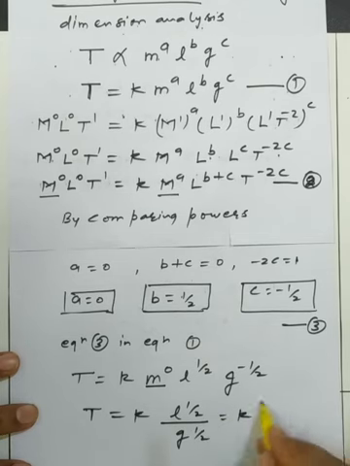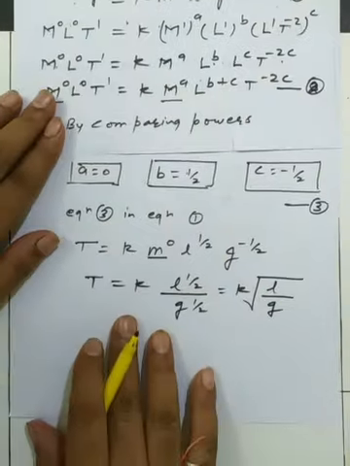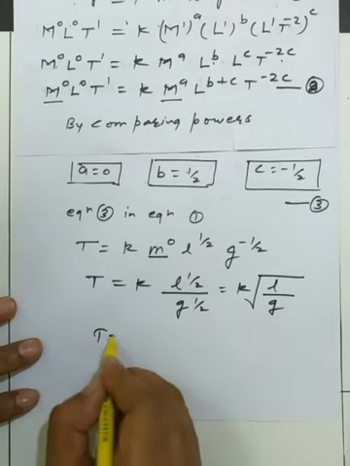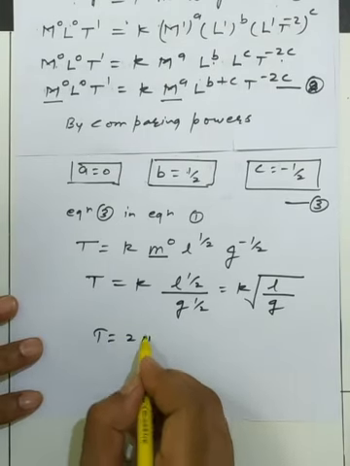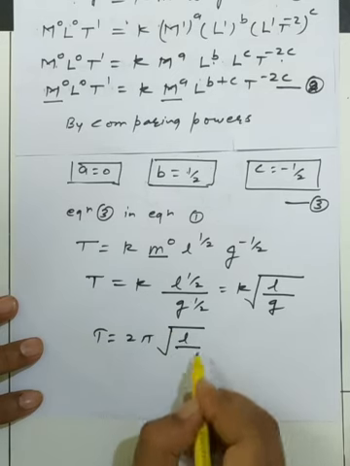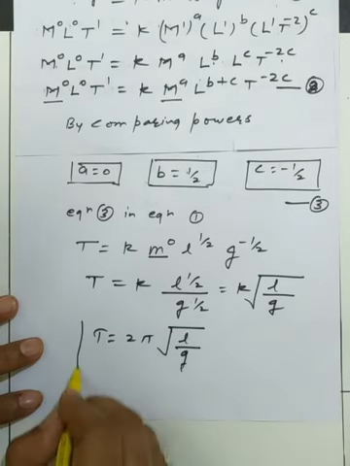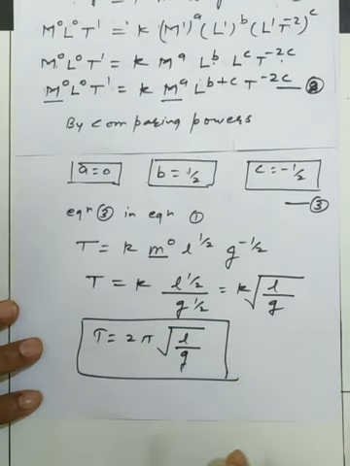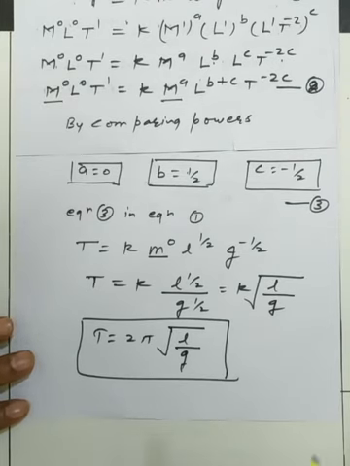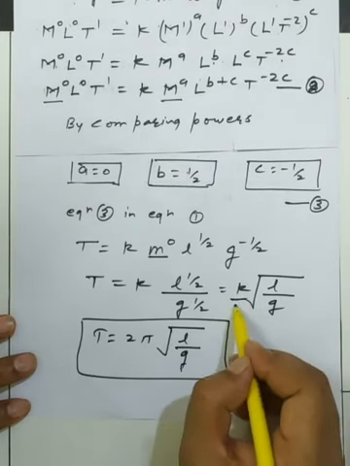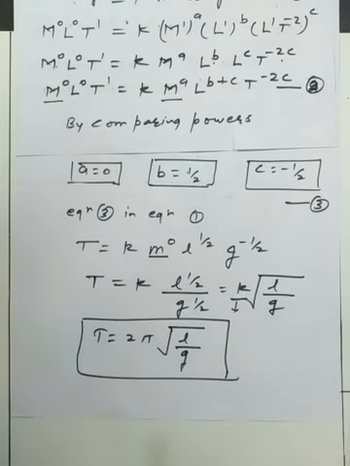So we get the shape of the formula, L upon g, and the standard formula we have for the time period of a simple pendulum, which is given inside our book, that is T is equal to 2 pi under root L upon g. So, dear student, this is the finalized conversion of the formula we have. Don't bother about the constant, because our only exercise is to construct the formula.